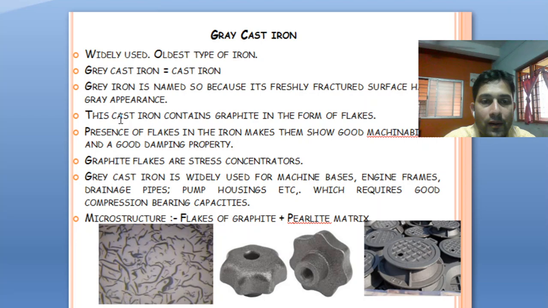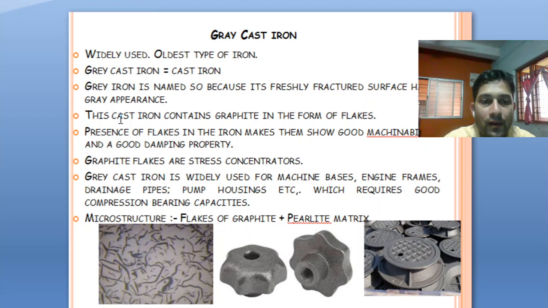That's why the morphology, the shape, and the size of these graphite flakes play a very important role in gray cast iron. There is a level beyond which, if the graphite flakes are present in the metal, it is disadvantageous, and it is usually not taken or not used in the industries.